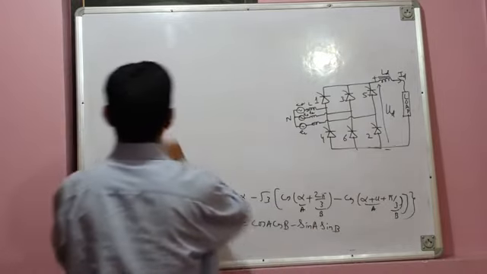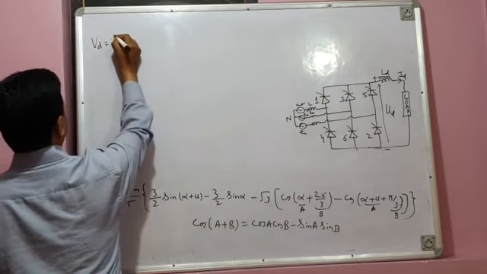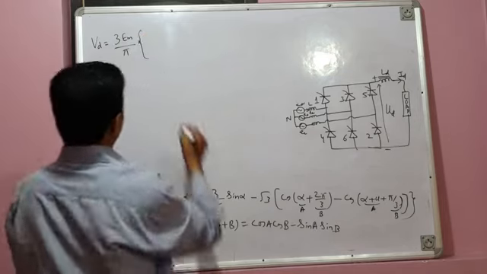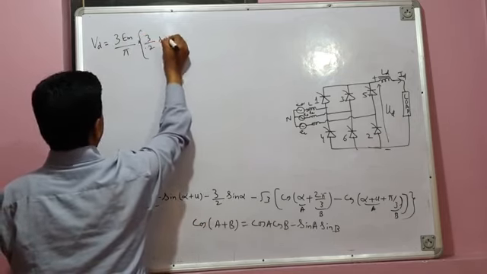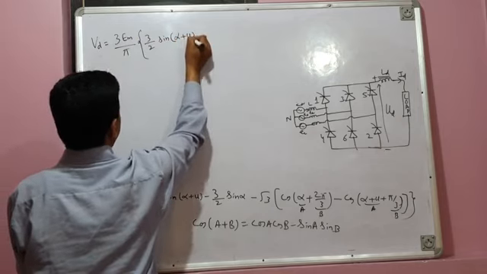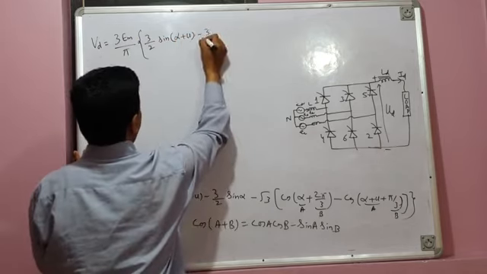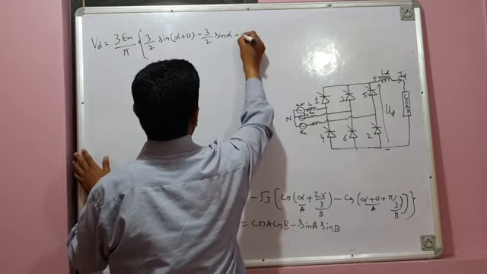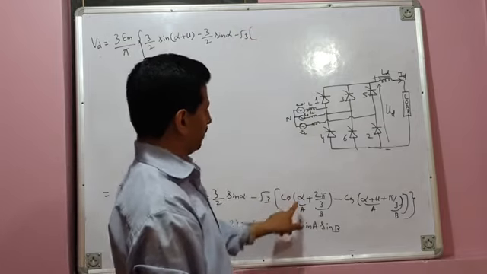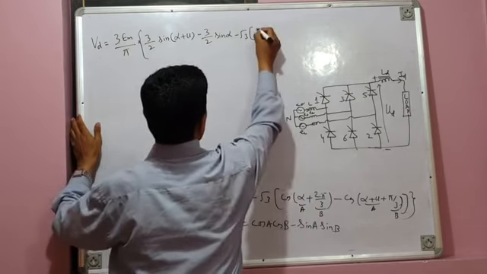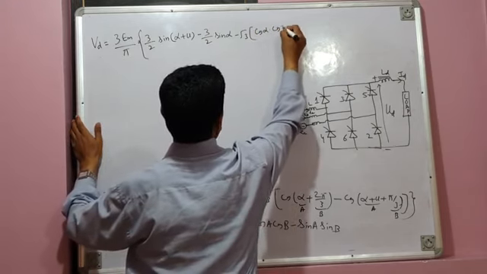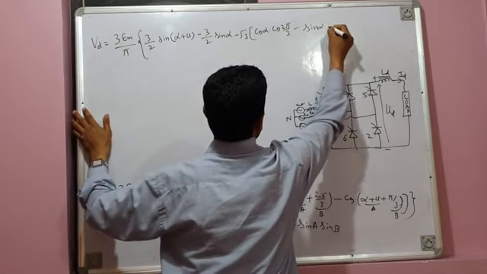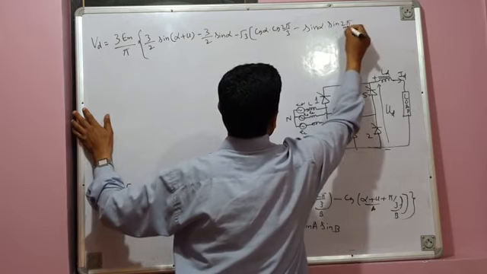Therefore, we get VD is equal to 3 by pi into 3 by 2 into sine of alpha plus u minus 3 by 2 sine alpha. So this is minus root 3 times, this is cos of a plus b, that is cos a cos b minus sin a sin b. Cos a is cos alpha into cos b is cos 2 pi by 3, minus sin a sin b, sin alpha into sin 2 pi by 3.